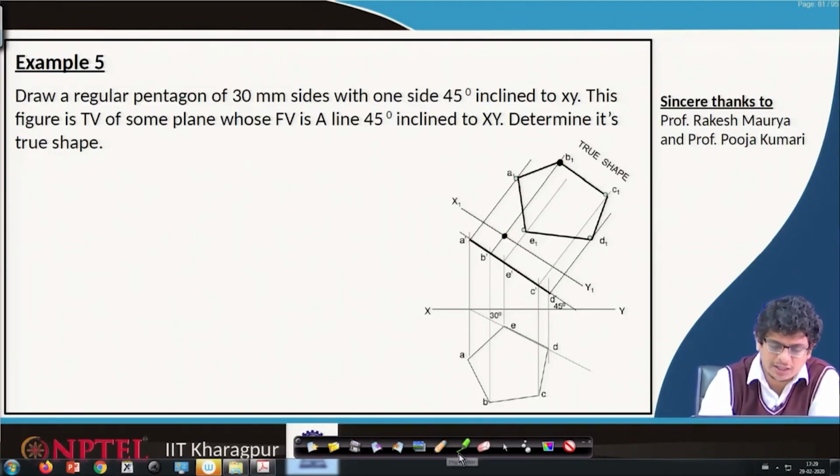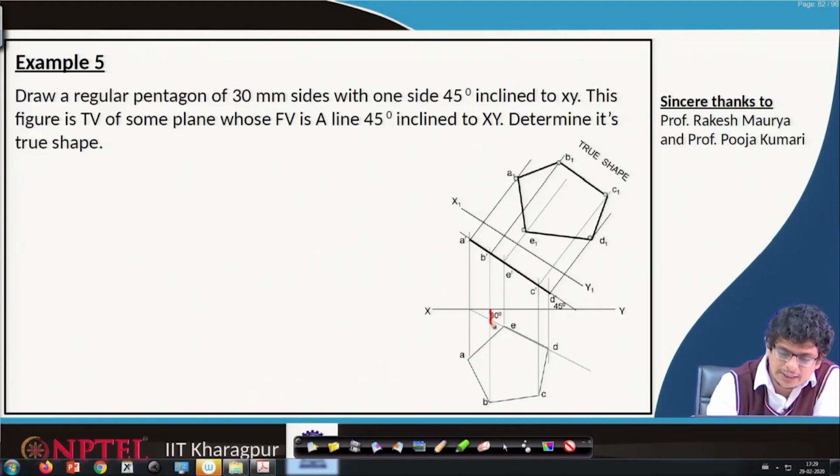Let us use some other color, red one. So, this length from the xy axis to B, that line we will project from the x1 axis here to B1.